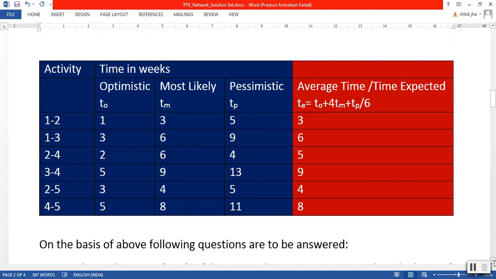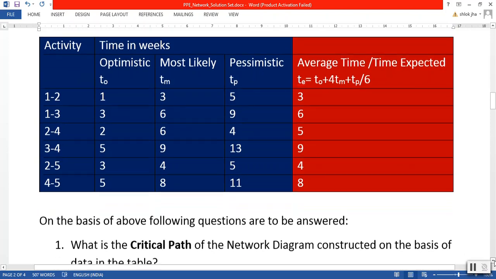We know this formula and the way it is calculated from the previous part of the same subject we discussed a few days back. The expected times we calculated are 3, 6, 5, 9, 4, 8 for activities 1-2, 1-3, 2-4, 3-4, 2-5, 4-5 respectively.